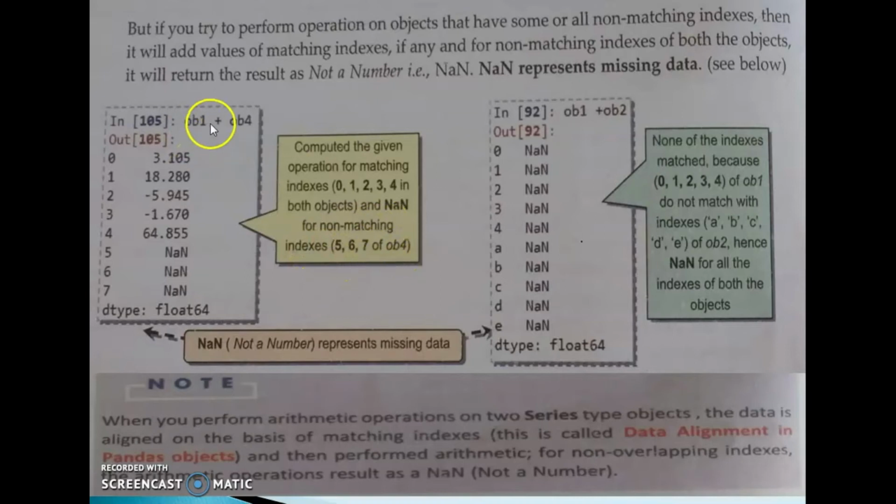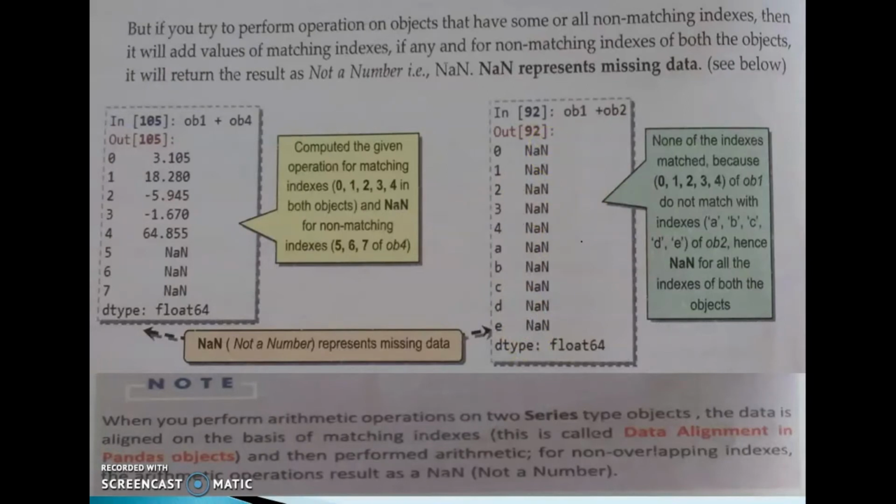OB1 and OB4 have matching indexes, that is 0 to 4. Indexes 5, 6, 7 are not in OB1, so it will produce the NaN value. Likewise OB1 plus OB2. Here same matching indexes are not there. 0 to 4 for OB1, A to E for OB2. So all the indexes have the NaN value.